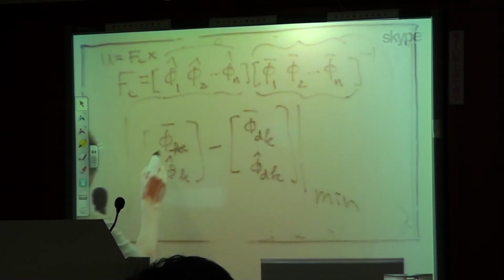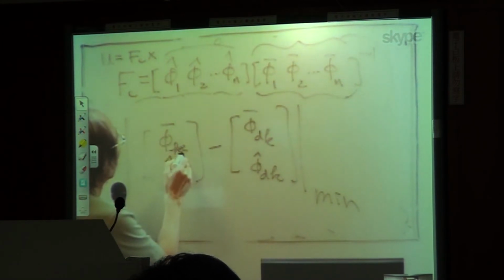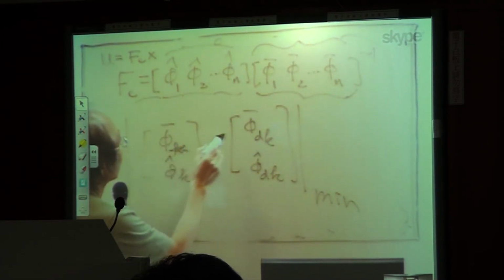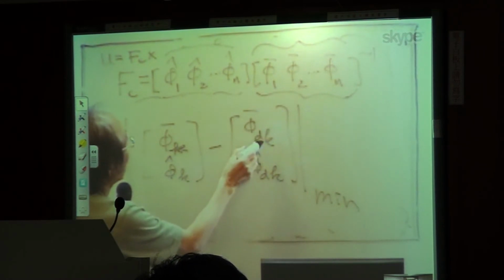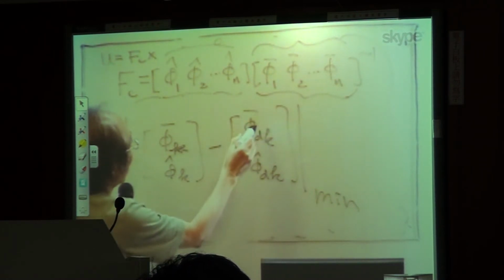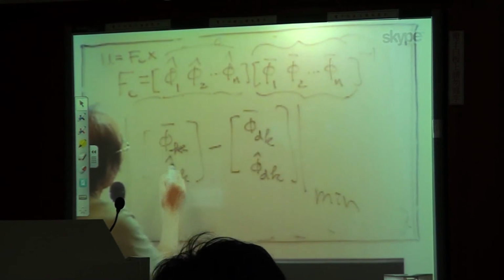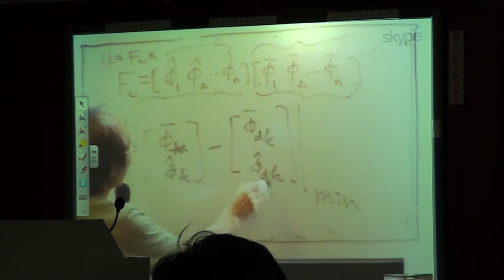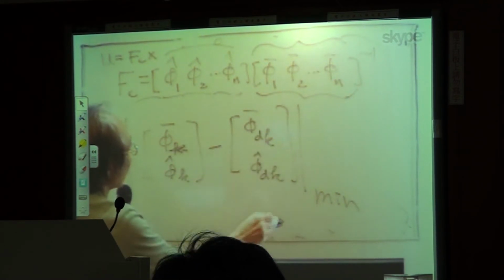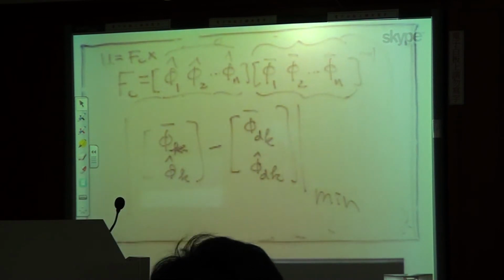In other words, my Vk bar minus my Vdk bar, and my Vk minus my Vdk hat, take a norm, is a minimum if I use this ck.